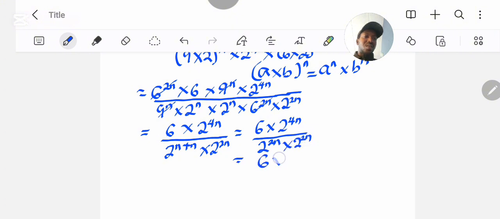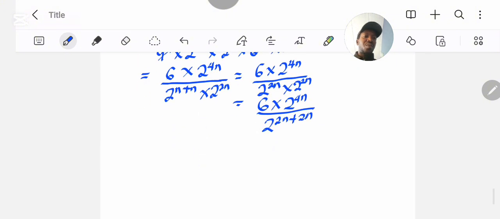And this is going to give us 6 times 2 raised to power 4n all over 2 raised to power 2n plus 2n, you pick 2, then you add the powers. And from here, it becomes much easier. You have 6 times 2 raised to power 4n over 2 raised to power 4n. This cancels this again. And finally, we have an answer of 6.